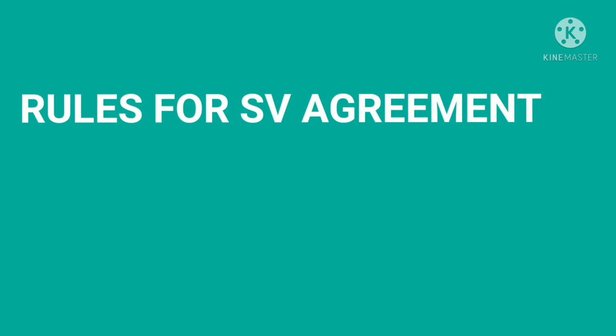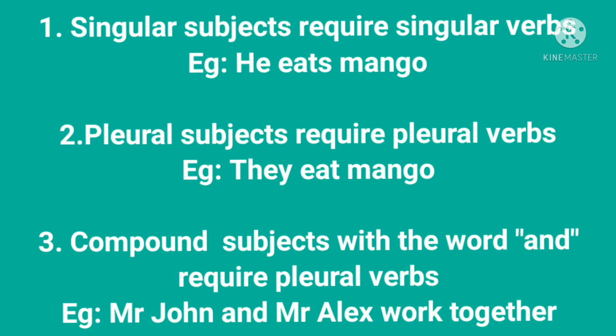Now let's look in detail at the rules for subject verb agreement. As I told you before, singular subjects require singular verbs. Example, he eats mango. Plural subjects require plural verbs. They eat mango.